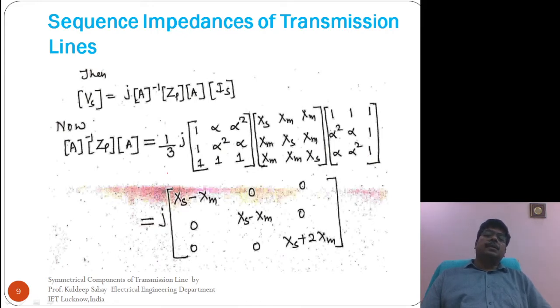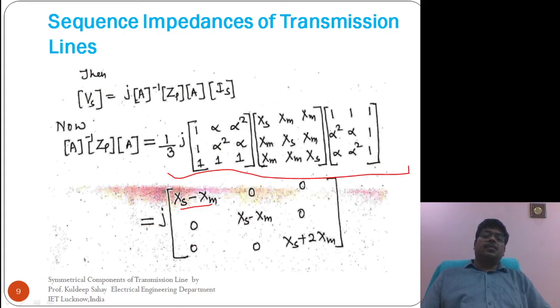On solving this matrix, you will get j times a matrix whose first row is Xs minus Xm, 0, 0. In the second row, 0, Xs minus Xm, 0.